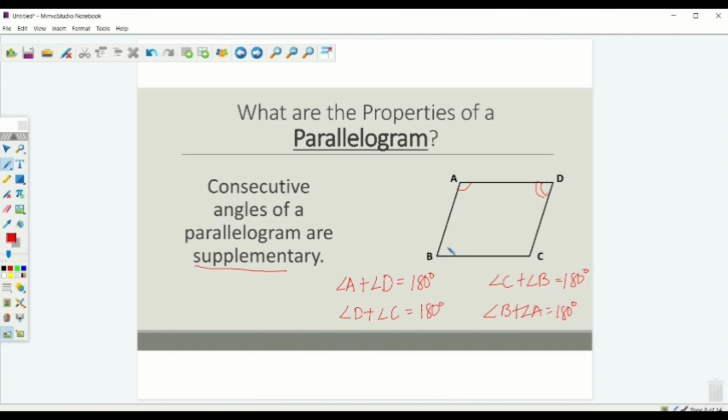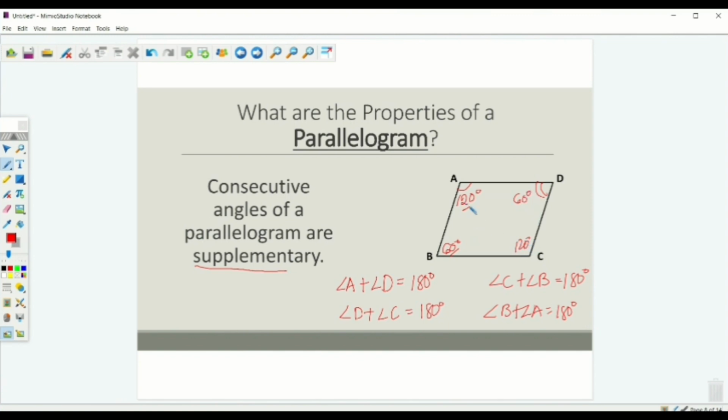So for example, if angle B measures 60 degrees again, then we know that angle A is 120 degrees. Why? Because remember that the sum of two consecutive angles is 180. So 60 plus 120, that is 180. By applying also that opposite angles are congruent, we conclude that this is 60 degrees and this is 120.